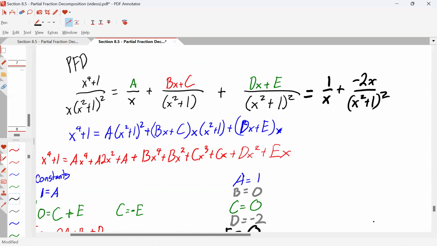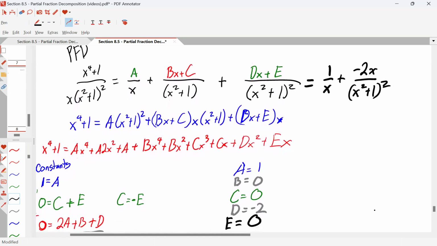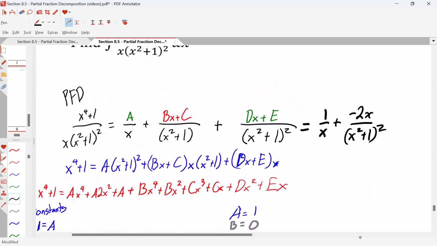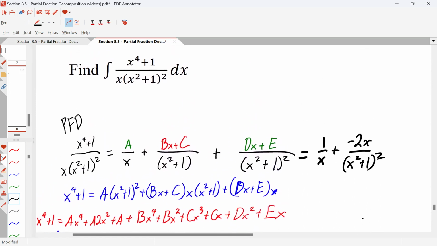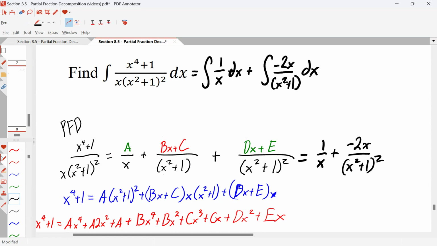So integrating x to the 4th plus 1 over x times x squared plus 1 squared works out nicely to just be integrating 1 over x plus negative 2x over x squared plus 1. Instead of going down and rewriting it, I will do that up here: the integral of 1 over x dx plus the integral of negative 2x over x squared plus 1 dx.